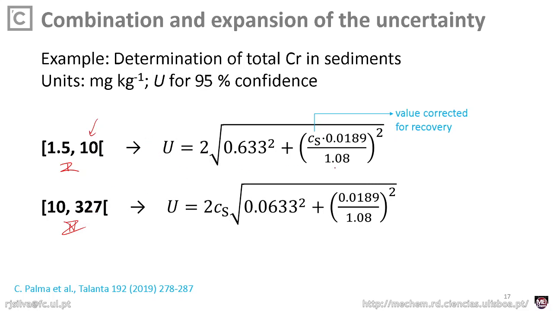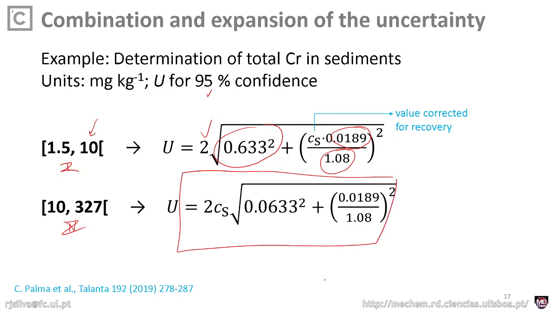And here are the uncertainty components being combined: coverage factor of 2 for 95%, intermediate precision standard deviation, the square of that, sample concentration, in this case corrected for recovery, mean recovery, and here you have the trueness standard uncertainty, and equivalent for interval 2.